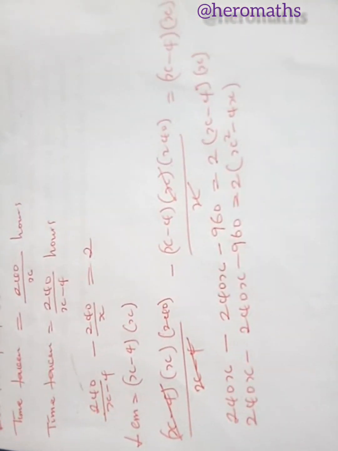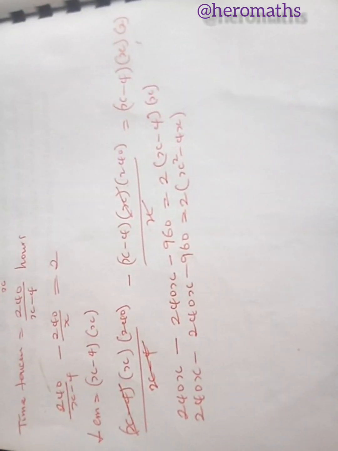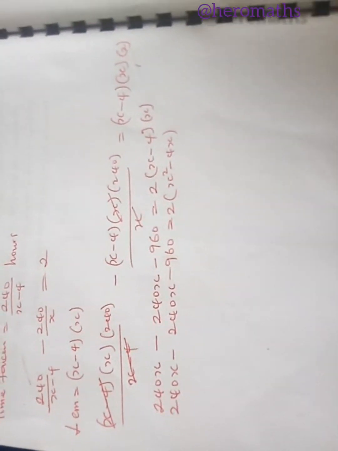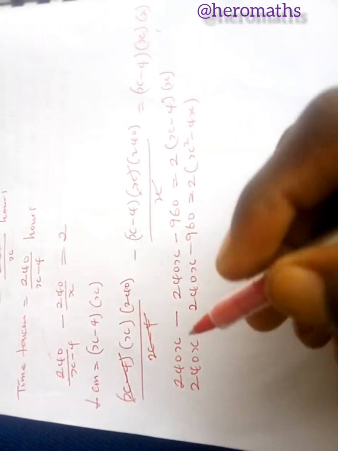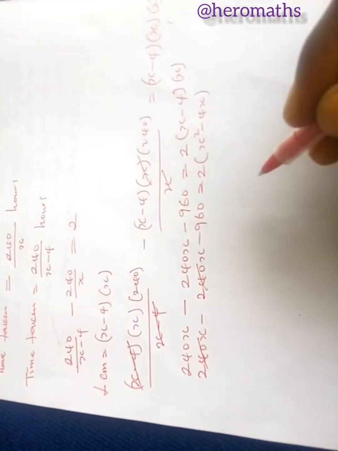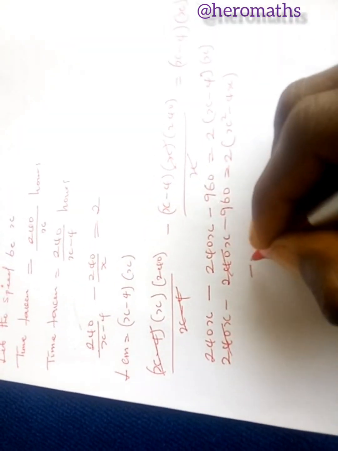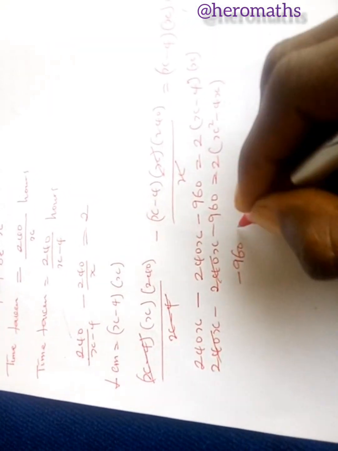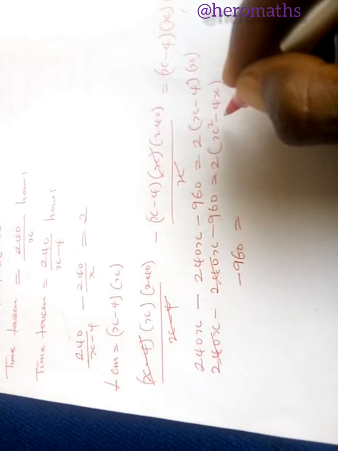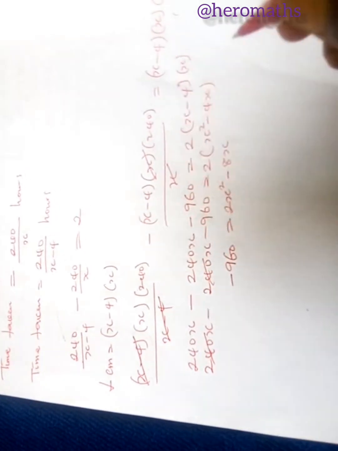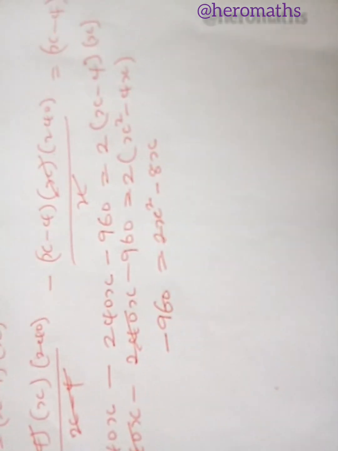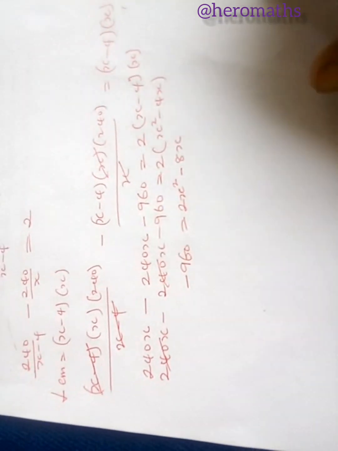Now we have successfully opened the bracket, but one is left here. Now we have 240x minus 240x, this goes with this, and then we are left this side with 960, which is equal to 2 times this, which will give us 2x squared minus 8x. 2 times minus 4 will give us minus 8x. Now this is what we have.